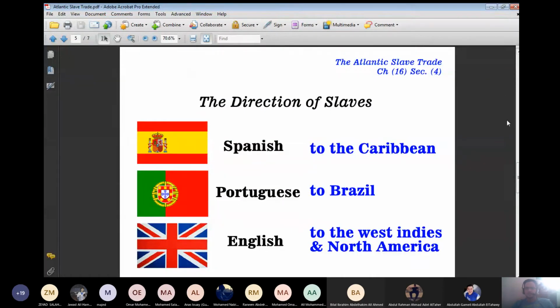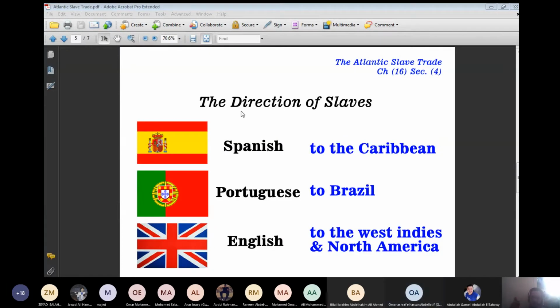And here is an important point in our lesson: the destination of slaves. The Spanish. Who can remind me, guys, what are the Spanish colonies in the newly discovered land? Mr. Panama, I think, also Caribbean and Peru. Not Panama.